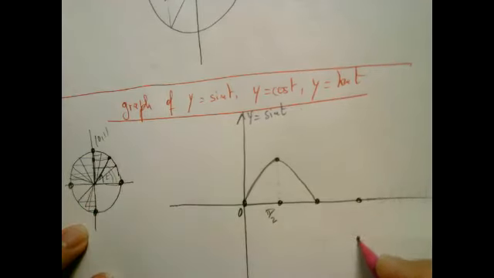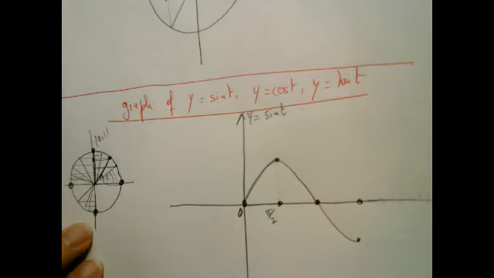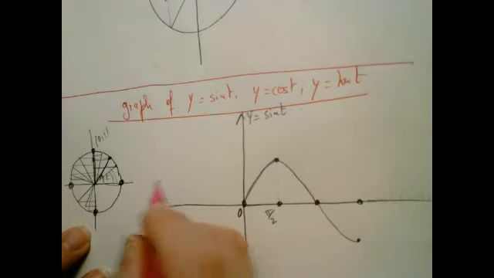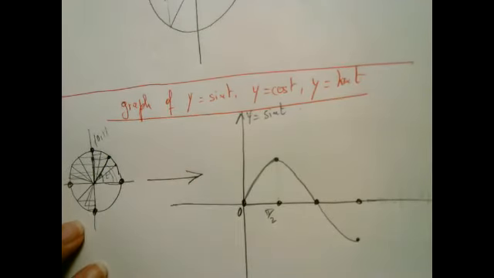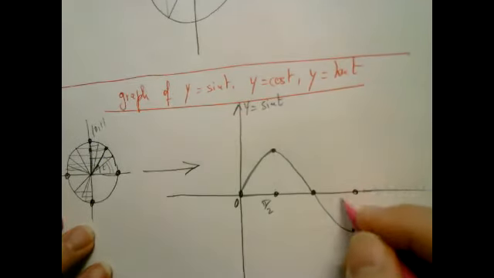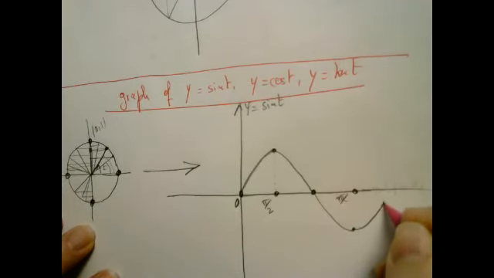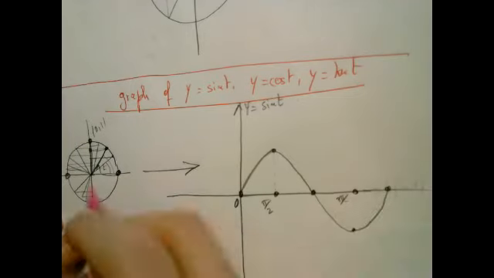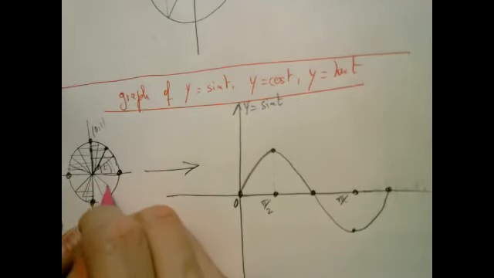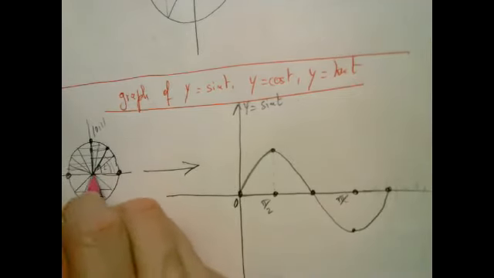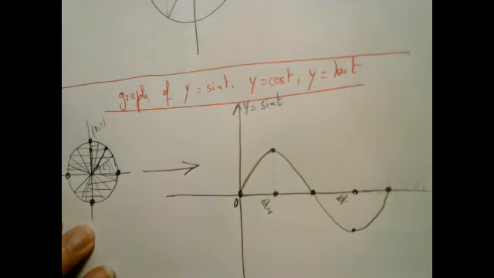So this is really how the graph is moving. Then after 3 pi over 2, it's pushing up. It's still negative, but getting less and less negative, heading toward 0.